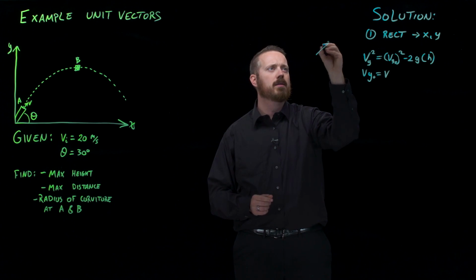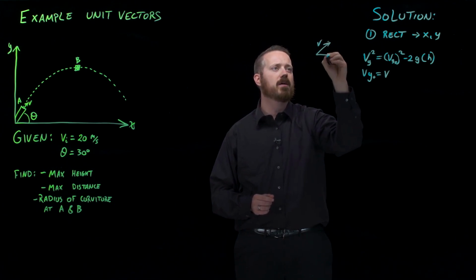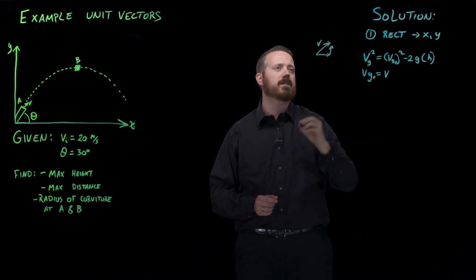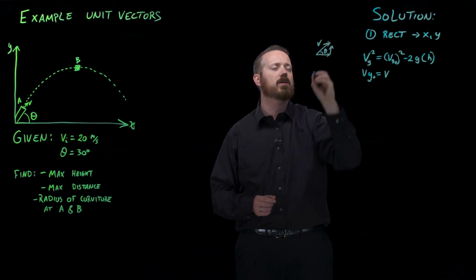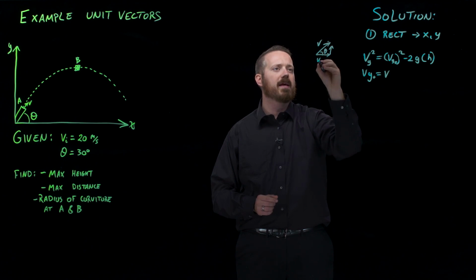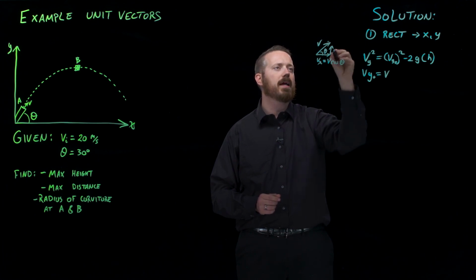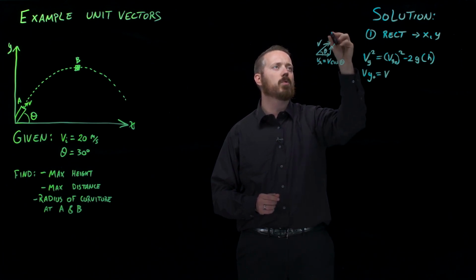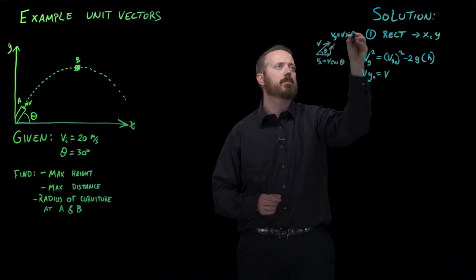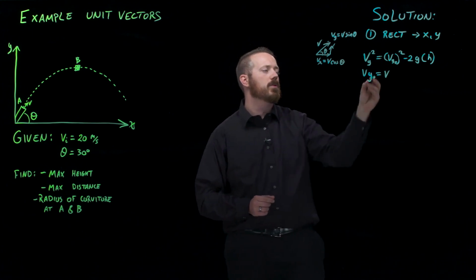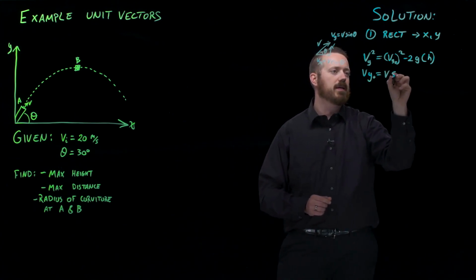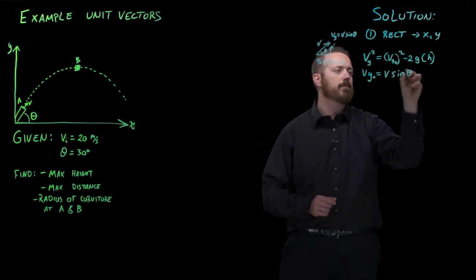So we've got some velocity, and we're going to have some xy components of this. If this is our theta angle, then our Vx would be V cosine theta, and our Vy, the upwards portion, would be V sine theta. So that tells us that V_y is V sine theta.